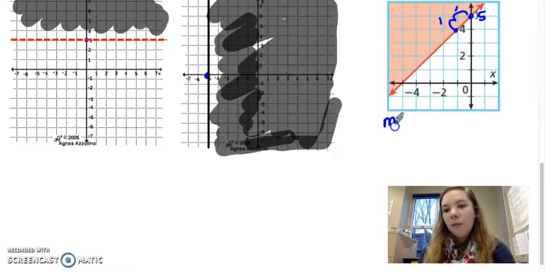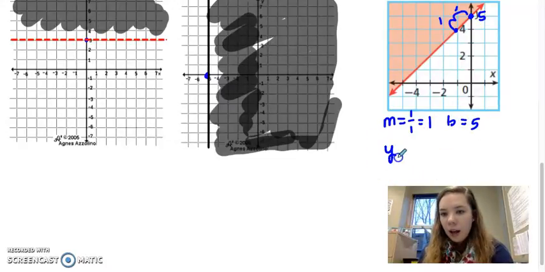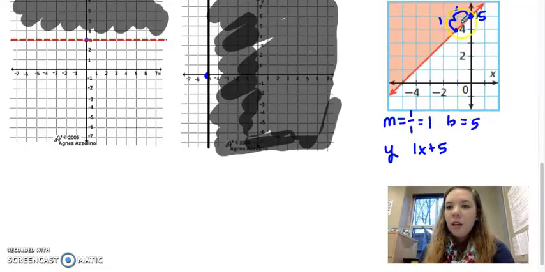So slope of 1/1 is the same as 1, and my intercept is 5. So I have y is equal to, I'm not going to put a sign yet actually, 1x plus 5. You don't have to write the 1, but you can. And then my y's are all above this line, so I need y to be greater than or equal to because it's a solid line.